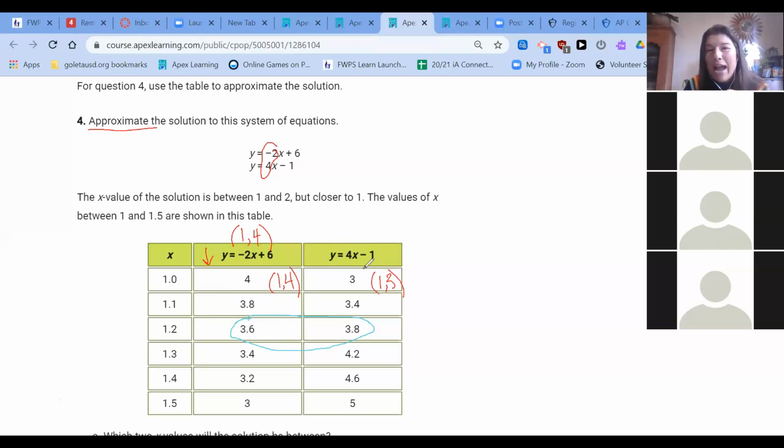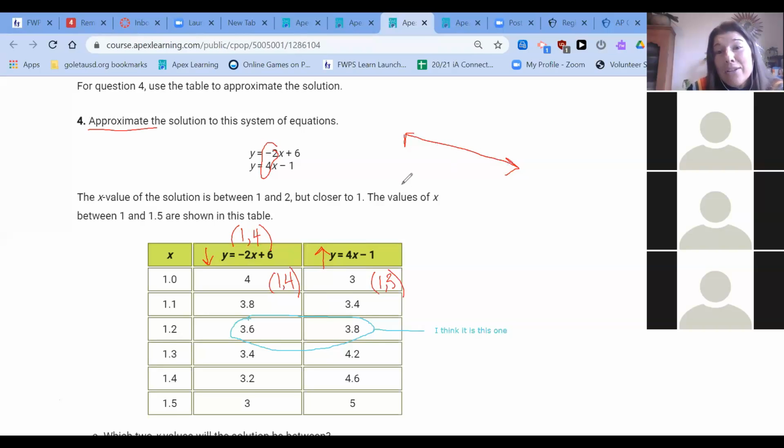So let's look and see what happens over here on the second equation. Our slope here is positive. What do you notice about our y values? Notice our y values are increasing. Okay, so here's kind of a visualization of what we have. We have a line that is decreasing over time. The y values are decreasing.